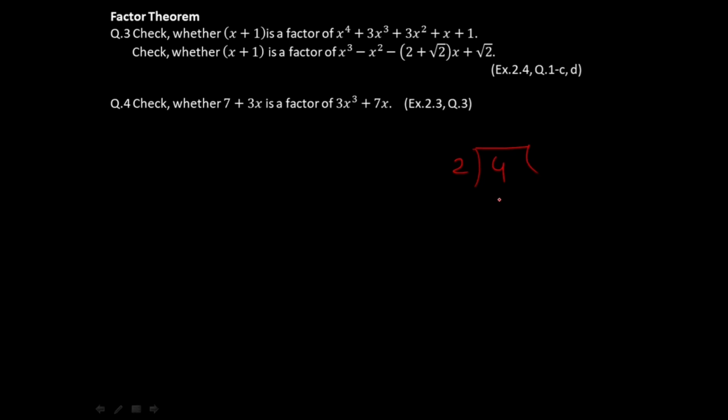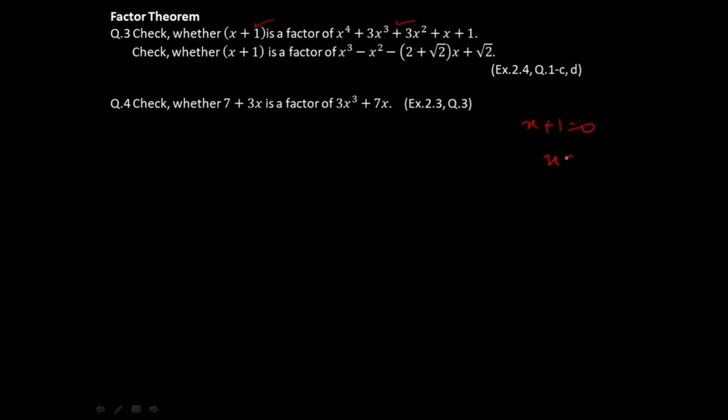If I divide 4 by 2 and I get remainder 0, meaning if the remainder is coming 0, this 2 is a factor of 4, otherwise not. Simple. So what I am supposed to find here, if I want to check whether this is a factor of this polynomial or not, is the remainder. That's it.